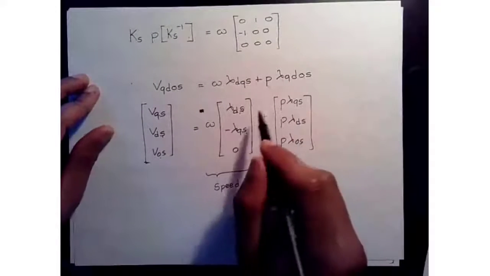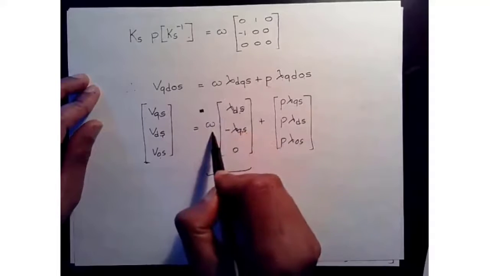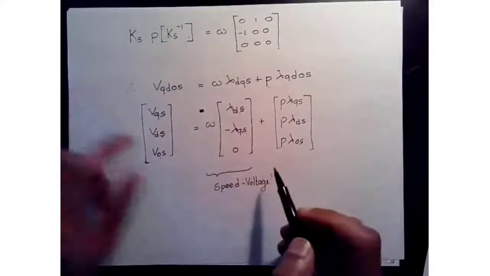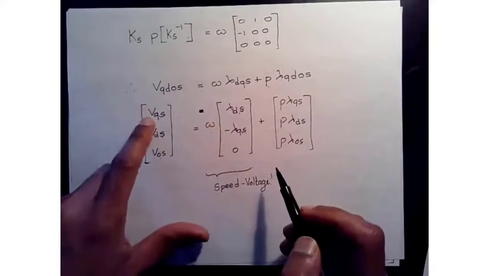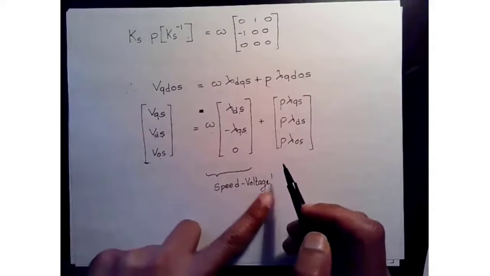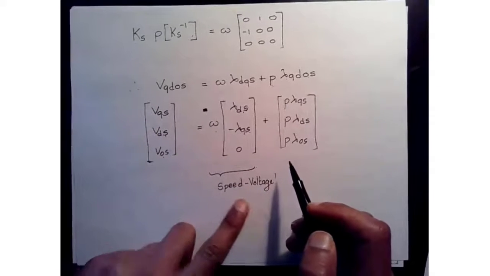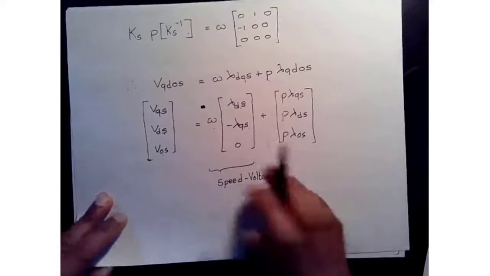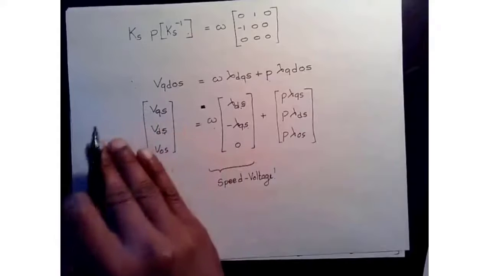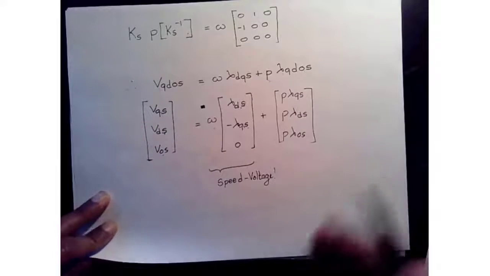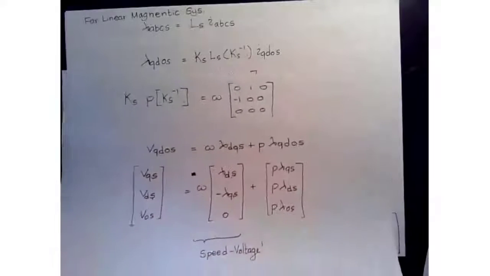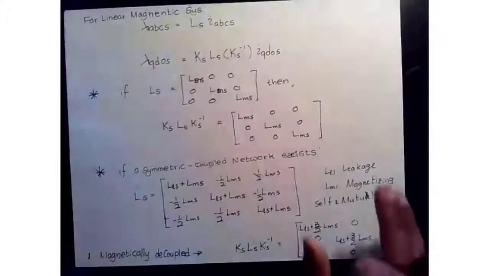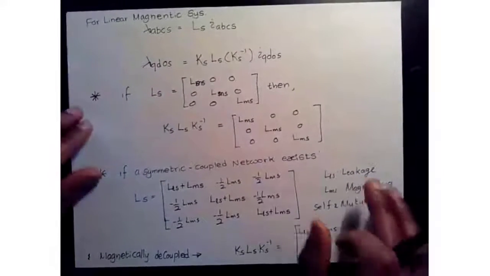All right, and since this is a speed, we have a speed factor associated with it, and it results in a voltage. We call it a speed voltage in our equation. So this is what happens to flux linkage, or at least the rate of change of flux linkages, if you have linear inductance values.